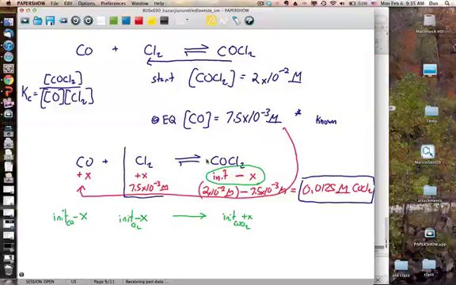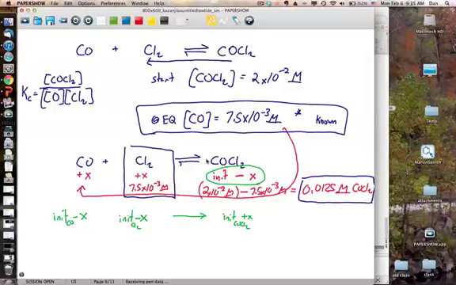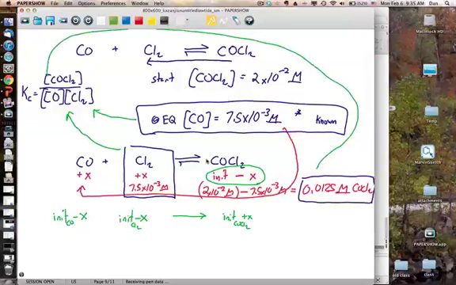So this would represent the concentration of COCl2, this would represent the concentration of Cl2, and this would represent the concentration of carbonyl. Once we know all these, it's a simple matter of plugging them into the equation to get our equilibrium constant.